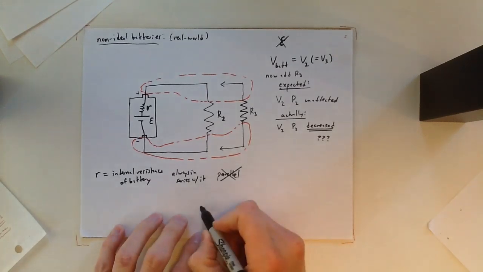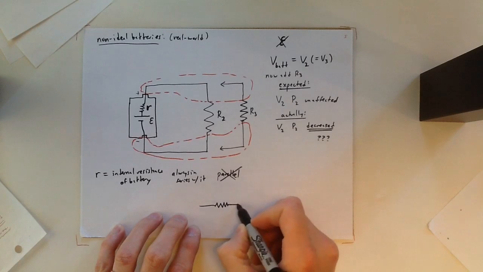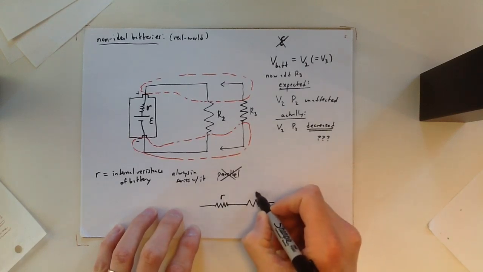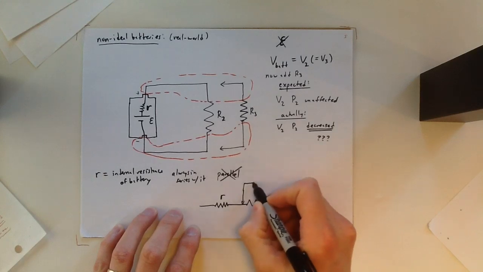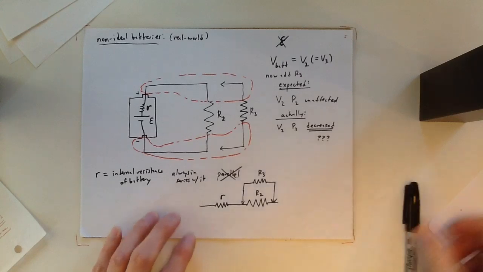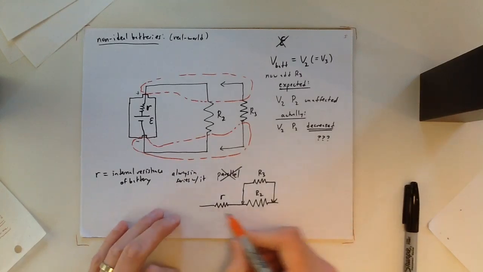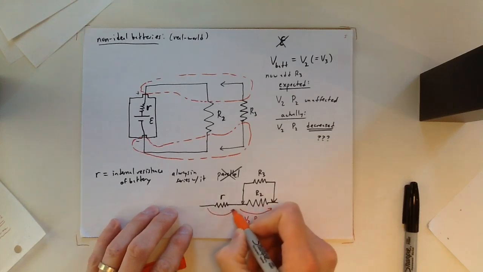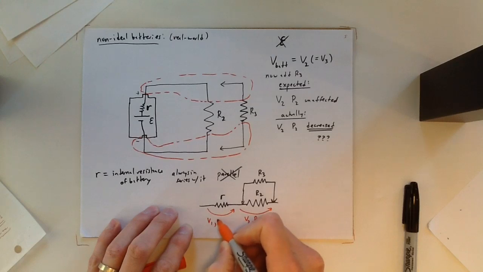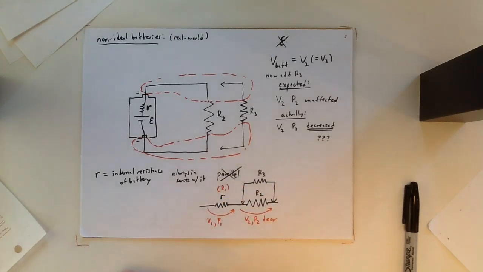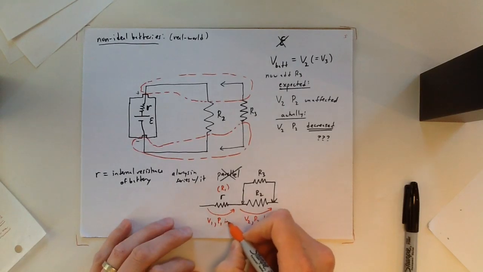So the way that we could draw that is like this. If we're going to draw it like the other branches, this was R2, and we're adding an R3. And when we add that R3, of course, the voltage drops redistribute. This V2 and P2 are going to decrease, and over here, V1 and P1, this was kind of the role played by R1 before, this is going to increase.